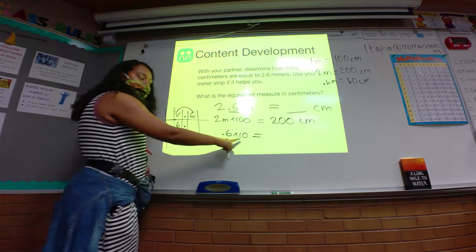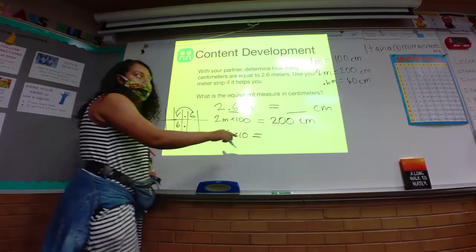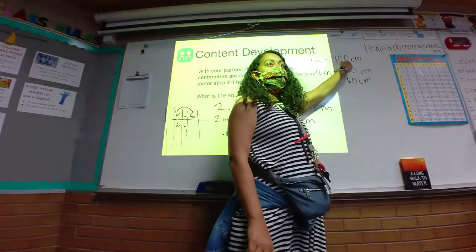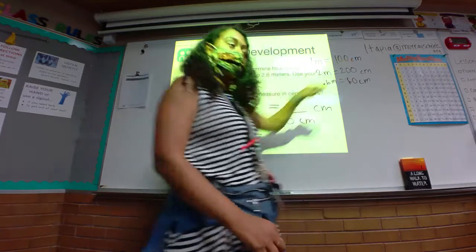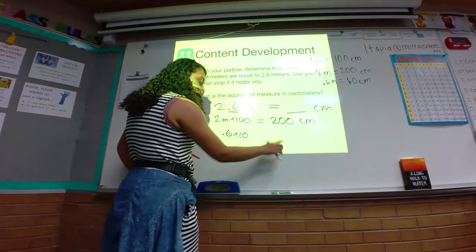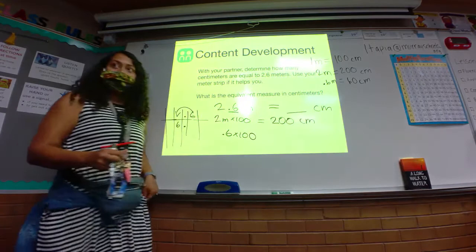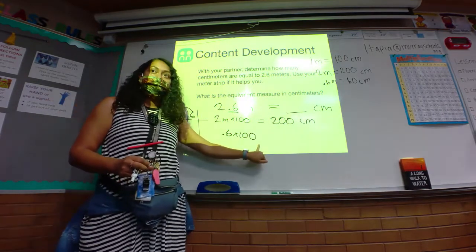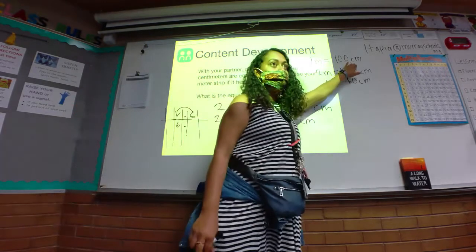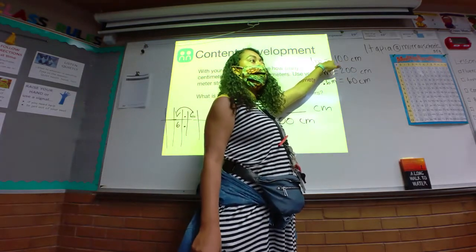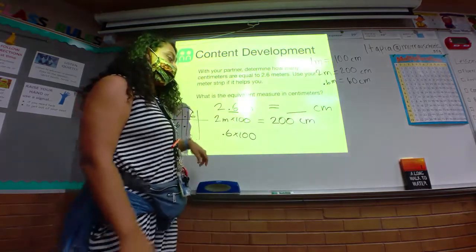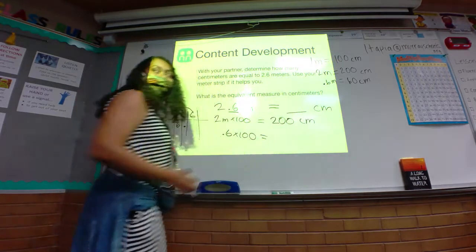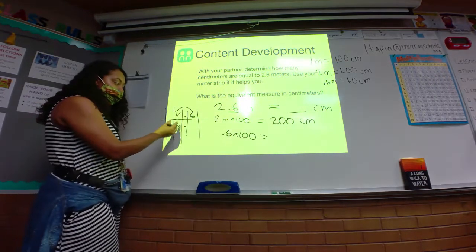So you didn't times it by 10. You times it by 100. Let's put it together so you can explain it as well, okay? So you did 6 tenths times 100 because there's 100 centimeters in 1 meter.